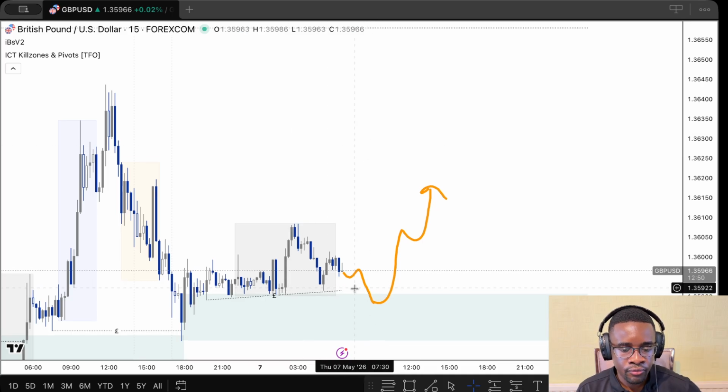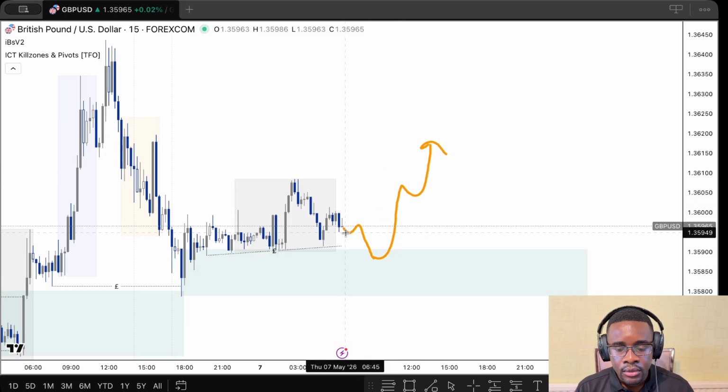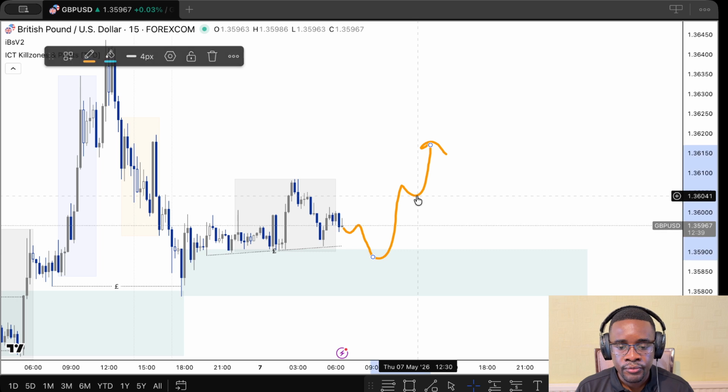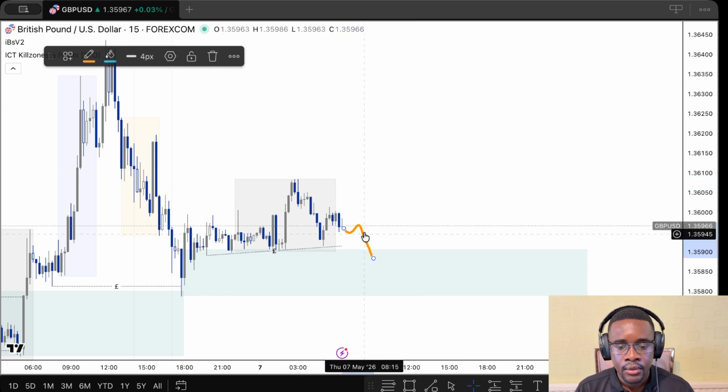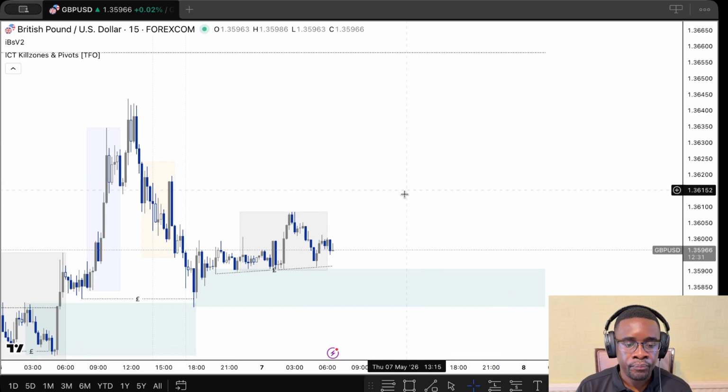It could just continue from where it is as well, and then just continue going up. Okay, so those are my trade ideas for today.